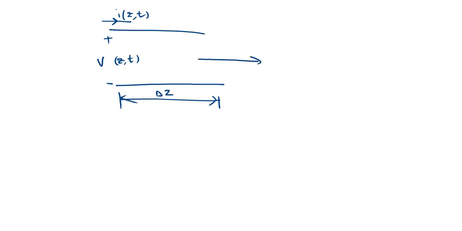The current, I told you, is a function of distance and time. Here you are applying voltage, which is also a function of distance and time, and this length is delta Z. So it is going in the positive Z direction.